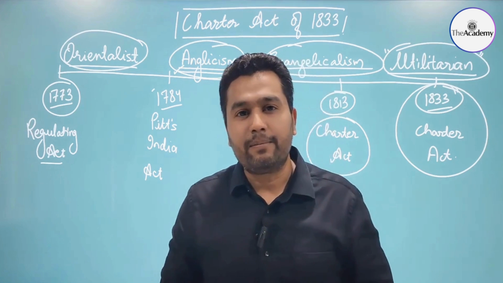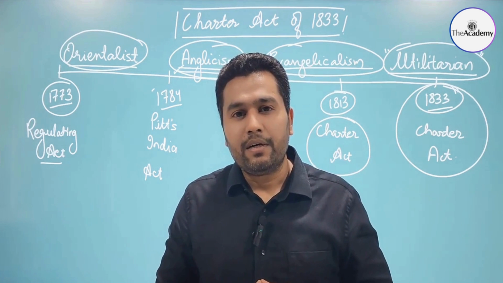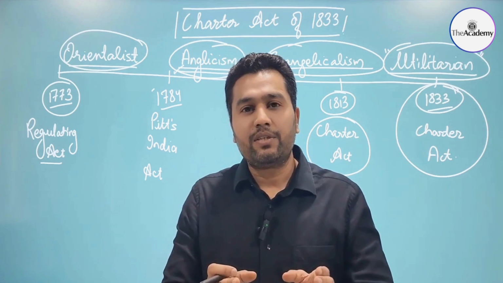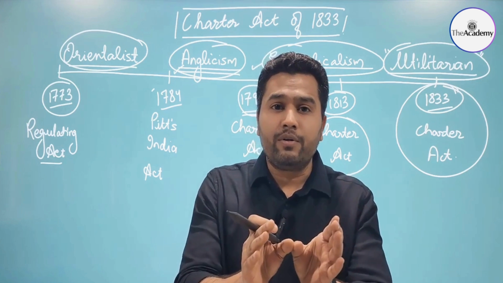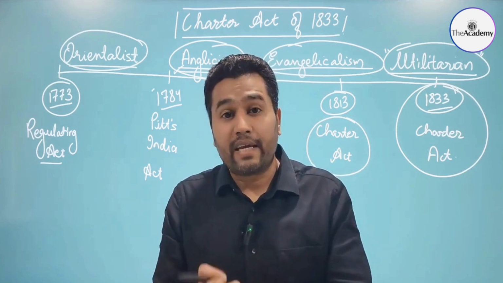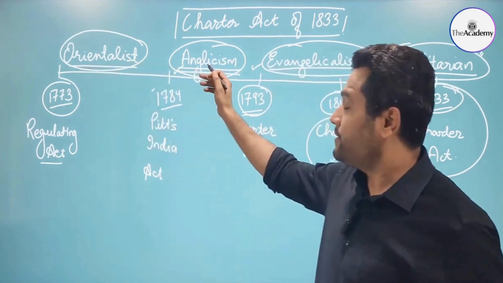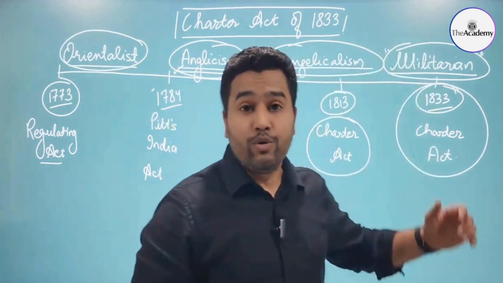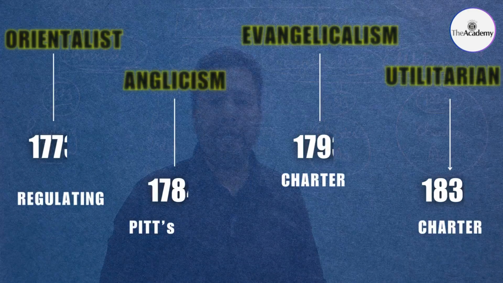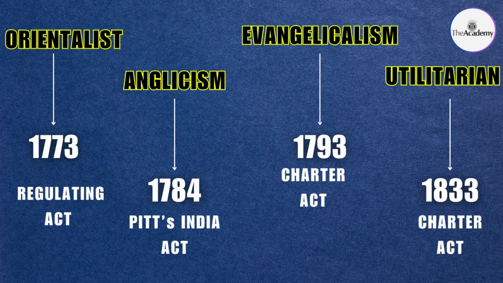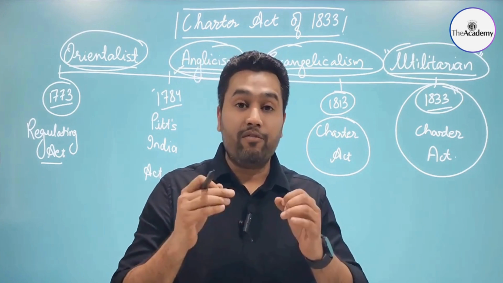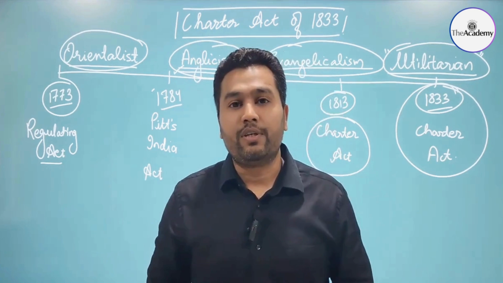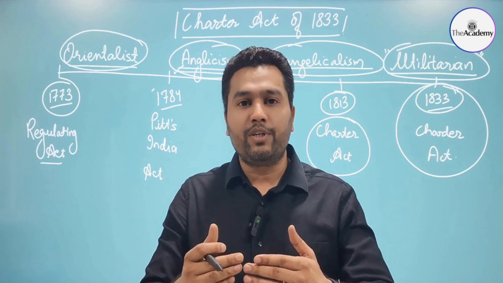Whenever we consider the emergence of paternal despotism, it was the outcome of decades of rule characterized by Orientalism, Anglicism, evangelicalism, utilitarianism, which ultimately gave rise to the ideology of British Raj. The Charter Act of 1833 occupies a very important, prominent position in shaping the ideology of British Raj.